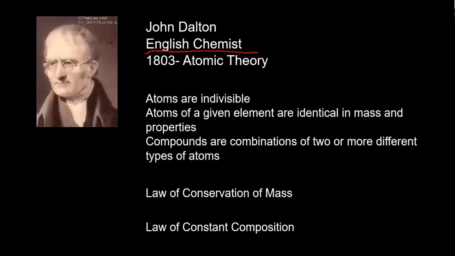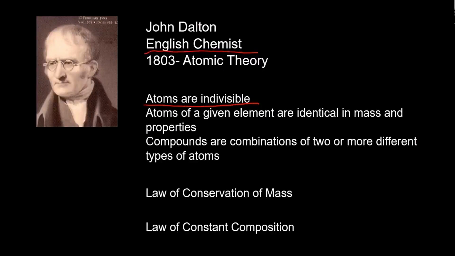So what did he do for our understanding of the atom? Some of these things are not correct. We'll see as we go along that principles are manipulated and moved so that they represent more of the truth of the things around us. So he did say that atoms are indivisible, which we know is not true, but that's the start of the atomic theory.